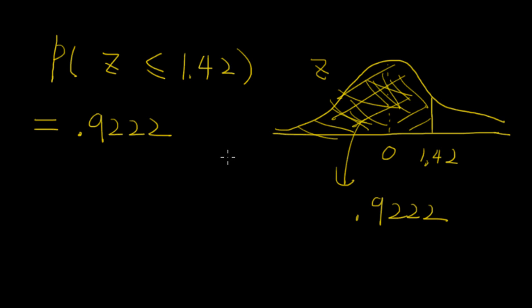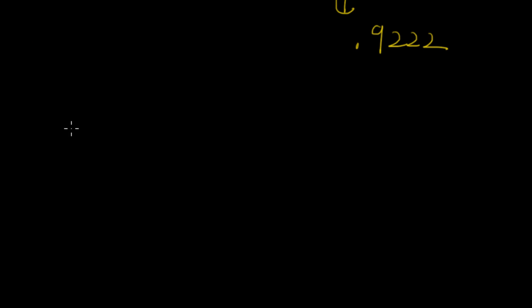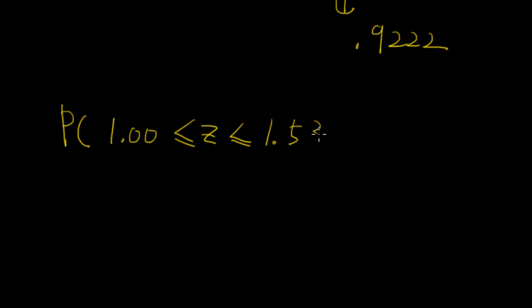Now let's do one more. Let's say you want the probability that's between 1.00 to say 1.53.